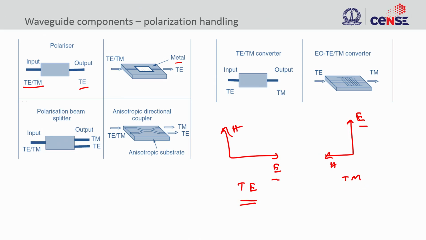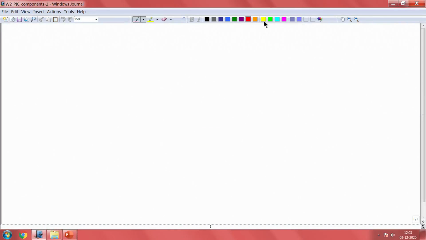So, one way to handle this is by creating a high loss for this TM waveguide. Just to conceptually look at this, this is TM configuration and let us say this is TE configuration.